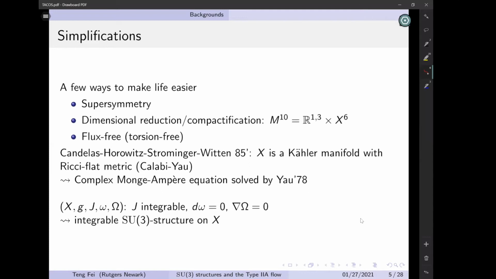Another thing is that, string theory is 10-dimensional, but our physical world, usually we believe it's 4-dimensional, like space-time.